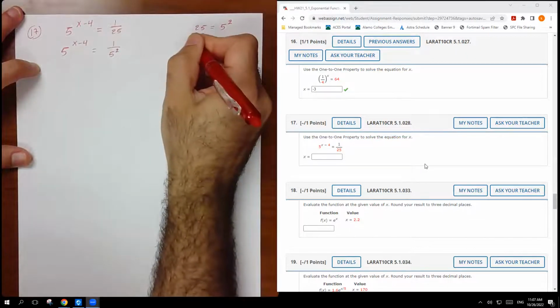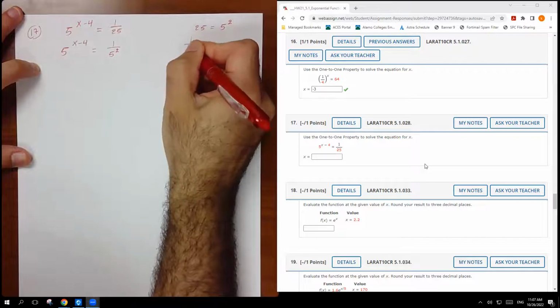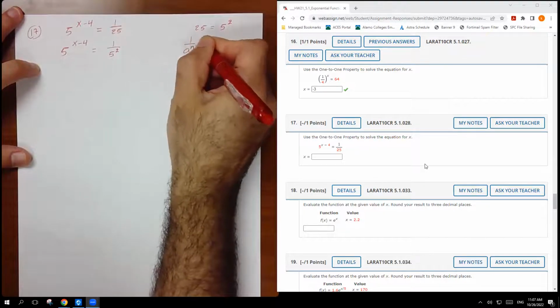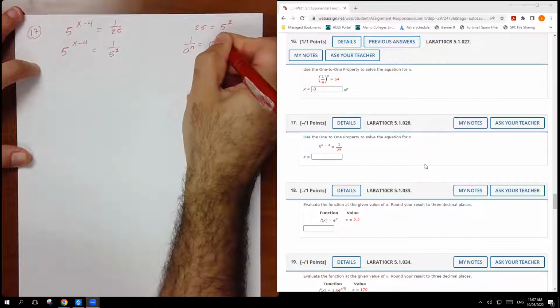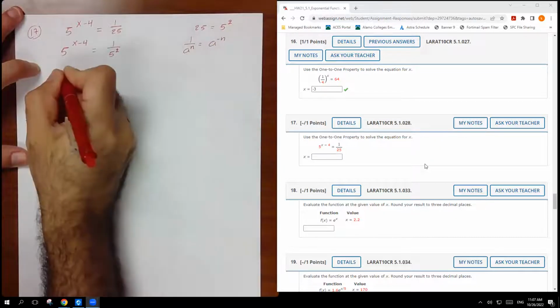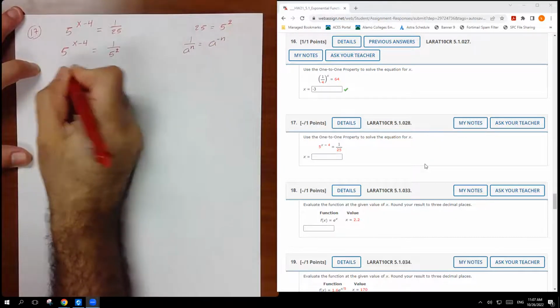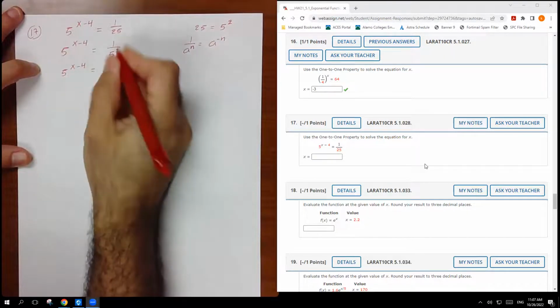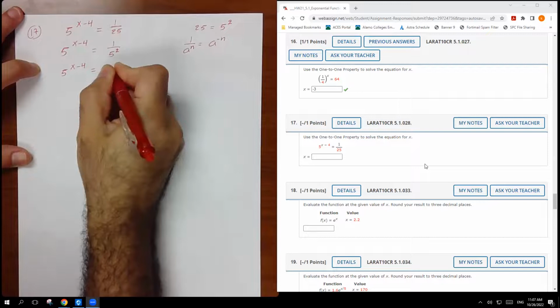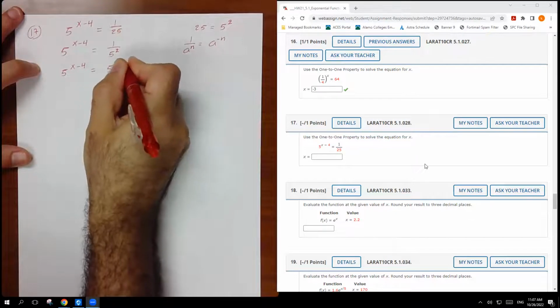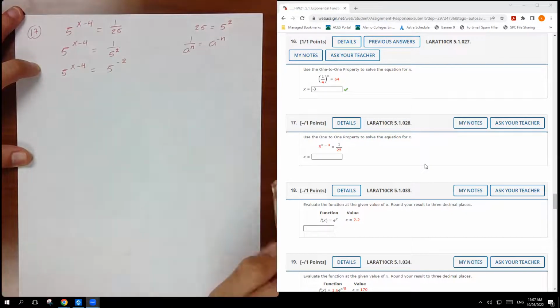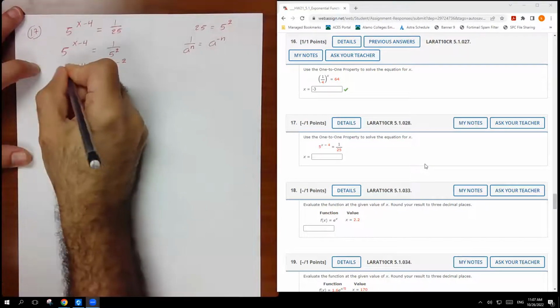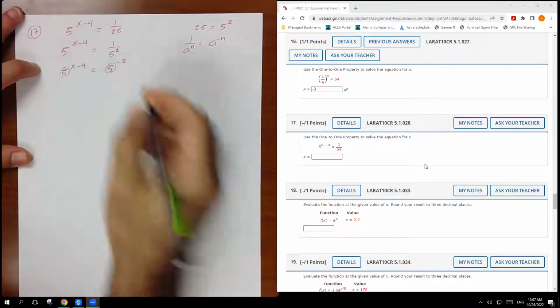Then if we have 1 over a number with positive exponent, it is going to be the number with negative exponent. That means 5 to the exponent x minus 4 equal, bring that, this one is going to be 5 to the negative 2. Now we have equal bases. It means we have equal exponents.